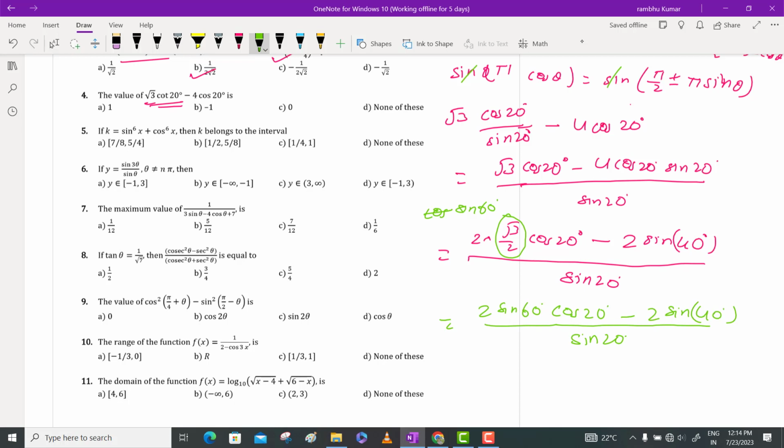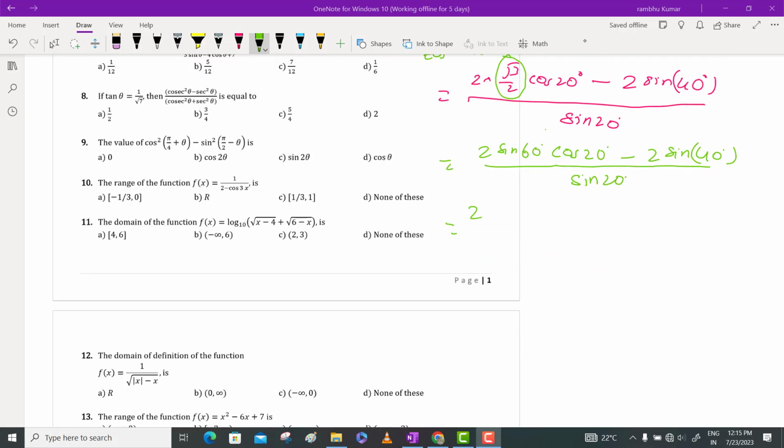Now this sin 60 cos 20 we can write using the formula you all know, sin a plus b minus sin a minus b, correct now?